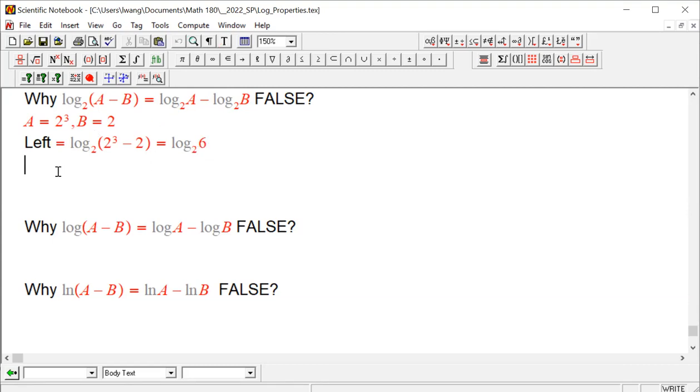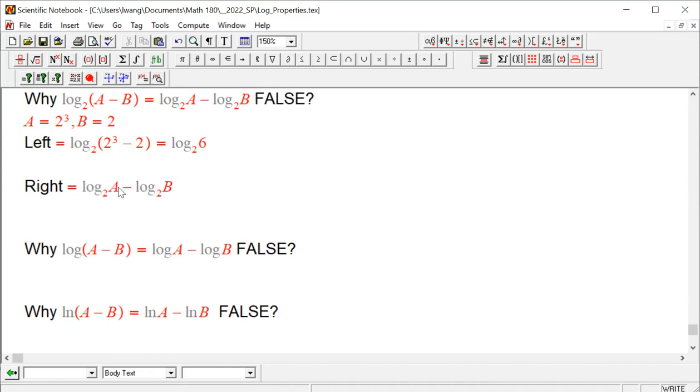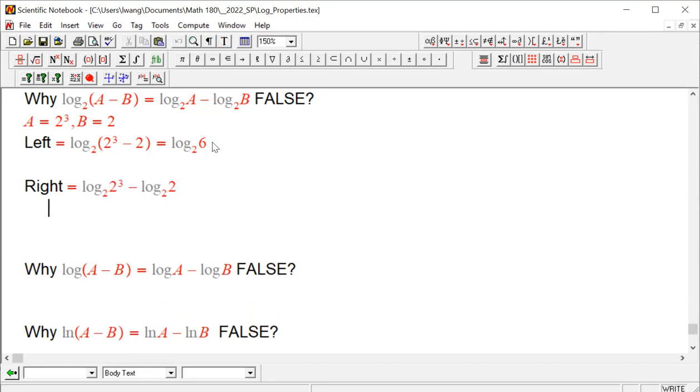And let's see what's on the right-hand side. It is log base 2 of A, which is 2 to the power 3, and B is 2. We've seen plenty of examples of these when we were doing the graph, so these values shouldn't be too hard for us.